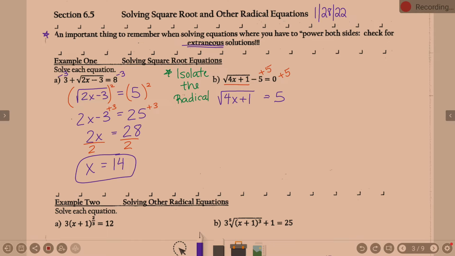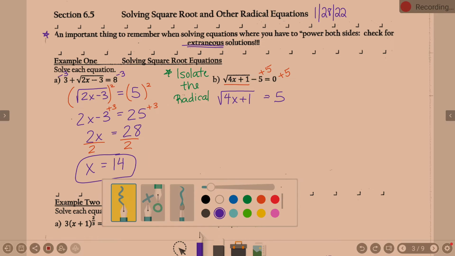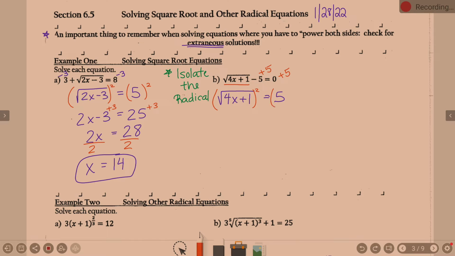Okay. What do I do after I isolate the radical? Because it's a square root, we are squaring both sides. Okay, be smart. The square root of 4x plus 1 squared is 4x plus 1, yes?